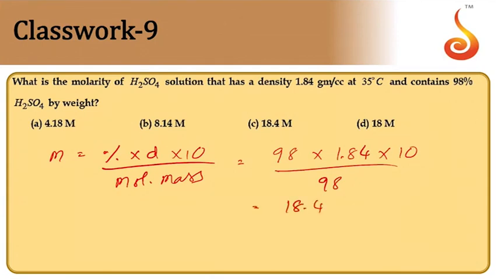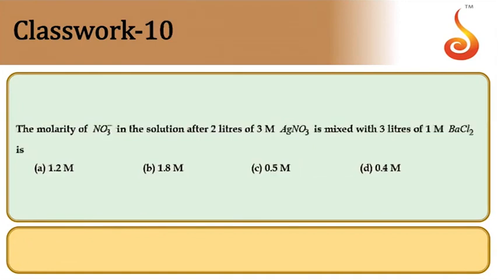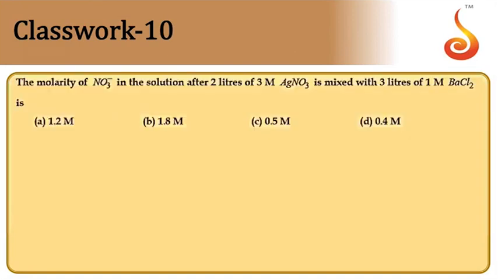It comes to 18.4. So answer is option C, 18.4. C is the answer. Next one. The molarity of NO3 minus ions in a solution after 2 liters of 3 molar AgNO3 is mixed with 3 liters of 1 molar BaCl2 solution. We need to know the concentration of NO3 minus ions in the entire solution.